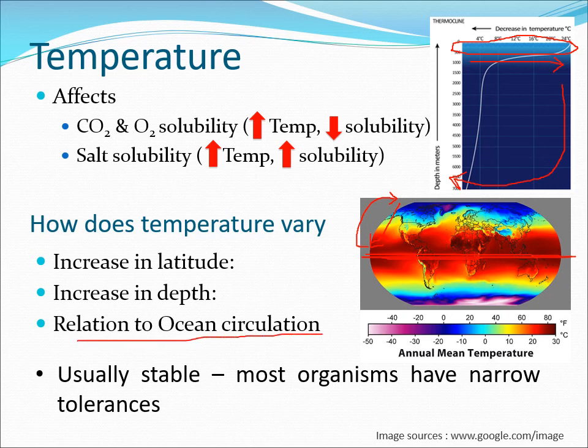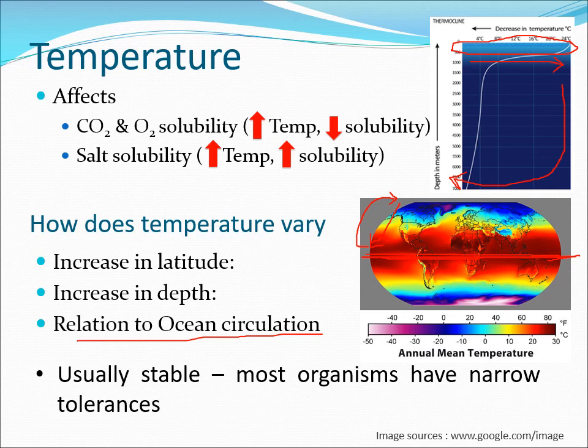If there was no ocean circulation, the equatorial region would become extremely hot to sustain any living being, and the polar region would become extremely cold for sustaining any living being. So it is the ocean circulation that maintains a suitable temperature for organisms to survive in those conditions.